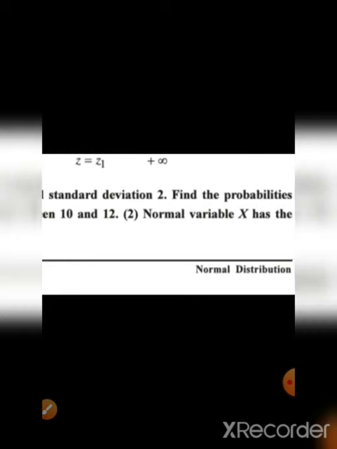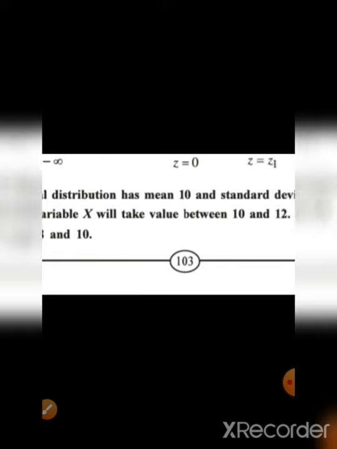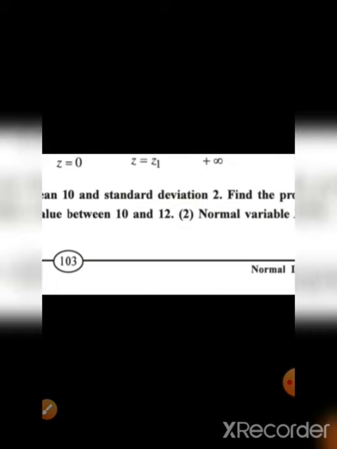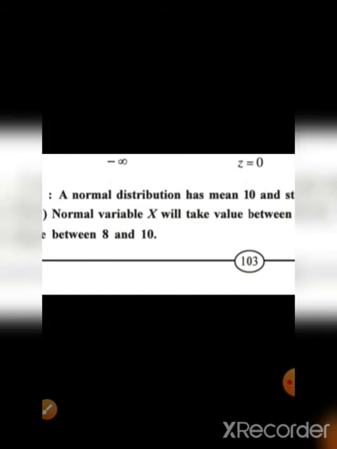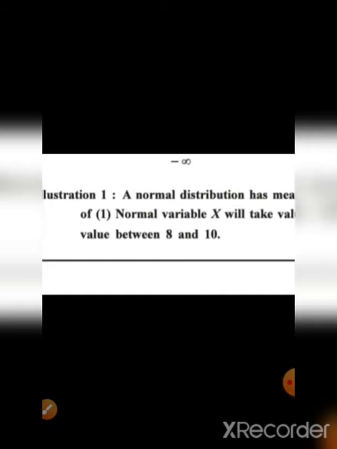For the first sub question, they have given the normal variable x between 10 and 12, so we can regard x1 as 10 and x2 as 12. Similarly, for the second question, as it has been given that normal variable x has the value between 8 and 10, we can regard x1 as 8 and x2 as 10.